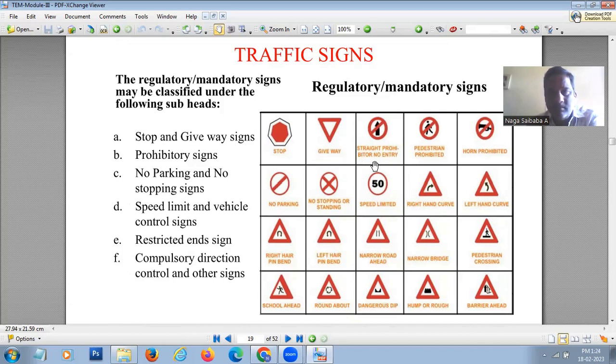And these are pedestrian prohibited, horn prohibited, no parking sign, no stopping or standing sign, speed limit, right hand curve, left hand curve, right hairpin bend, left hairpin bend, narrow road ahead, narrow bridge, pedestrian crossing, school ahead, roundabout, dangerous dip, hump or rough, barrier ahead. So these are some of the regulatory or mandatory signs.